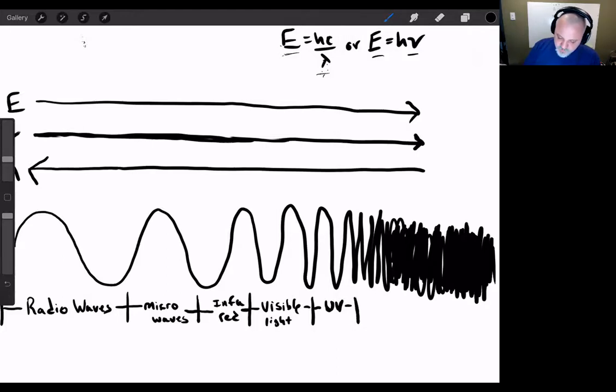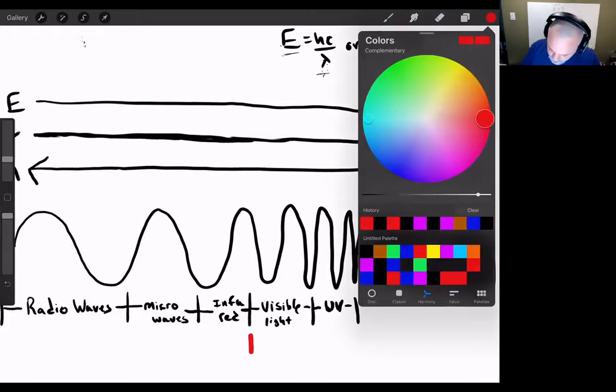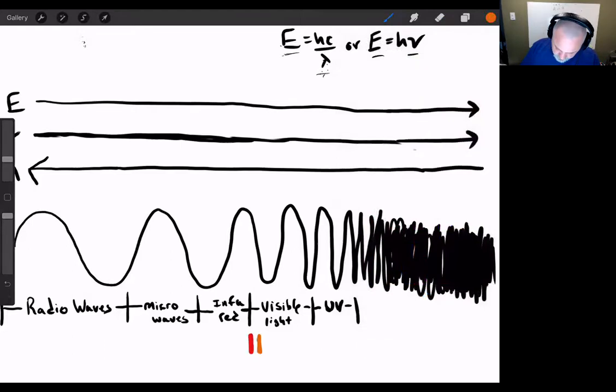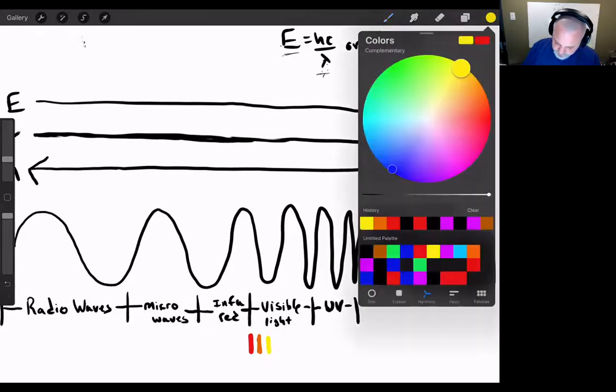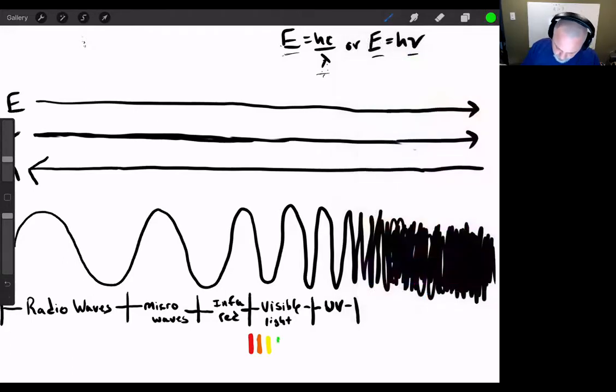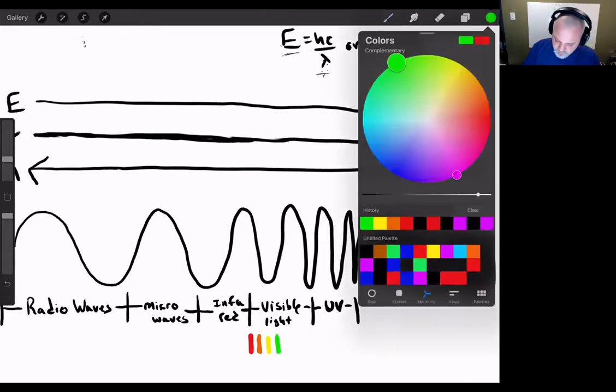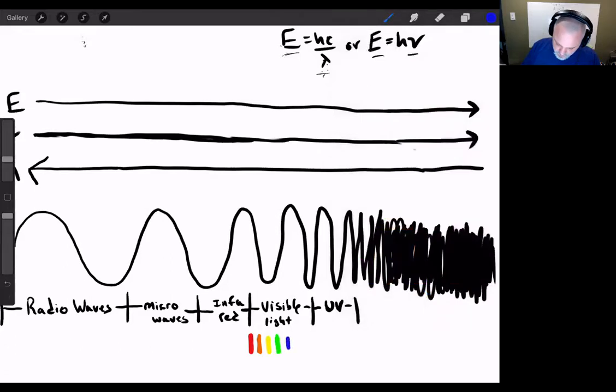So if I want to do the colors of the rainbow, which way does it go? Red, orange, yellow, green, blue.